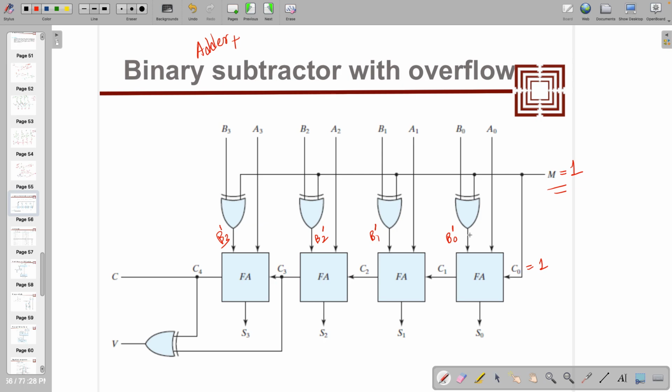So this is after 2 nanoseconds, this is 3 nanoseconds, this is after 5 nanoseconds. Note that this is available after 1 nanosecond itself, right? So this is again 5 nanoseconds.